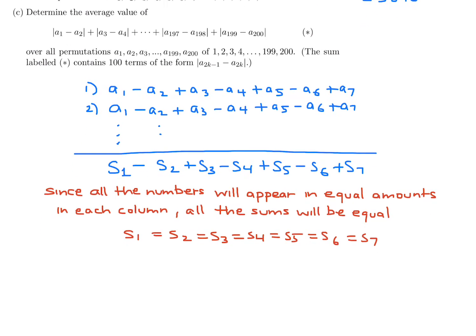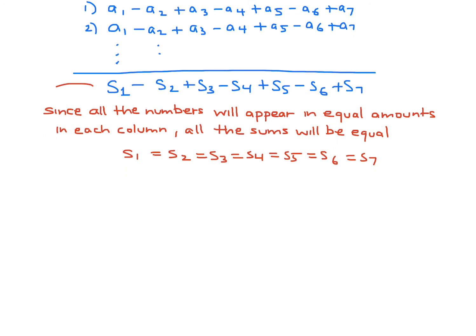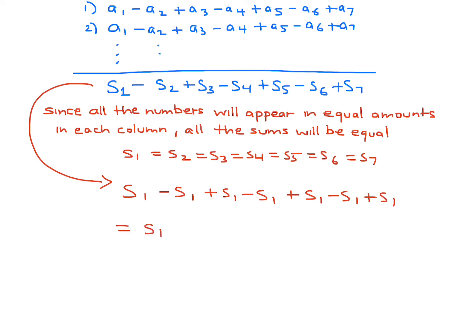So that helps tremendously, I think, because now we can take this guy and just put S1 for everything. So S1 minus S1 plus S1 minus S1 plus S1 minus S1 plus S1. And this just reduces to just S1. This cancels, and that cancels. All right, that's great.